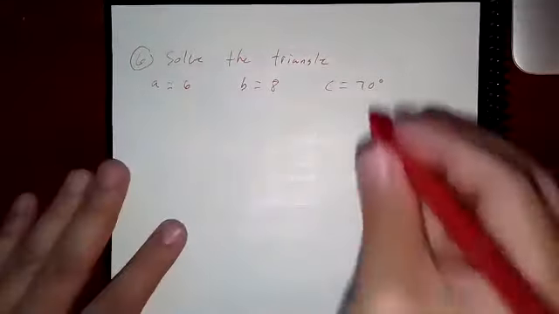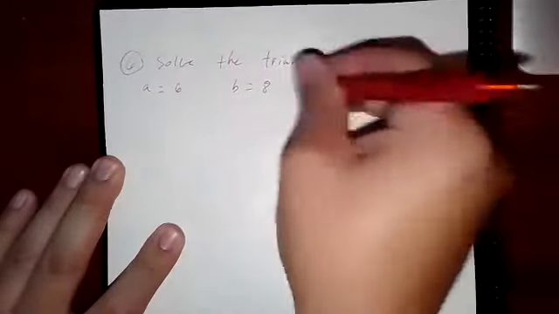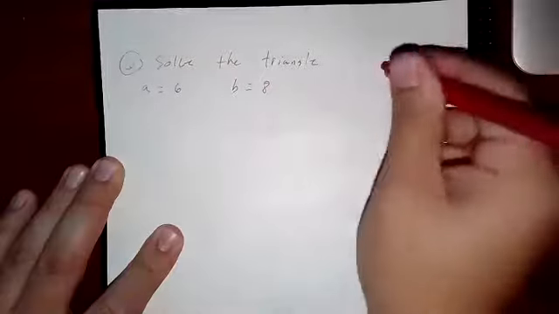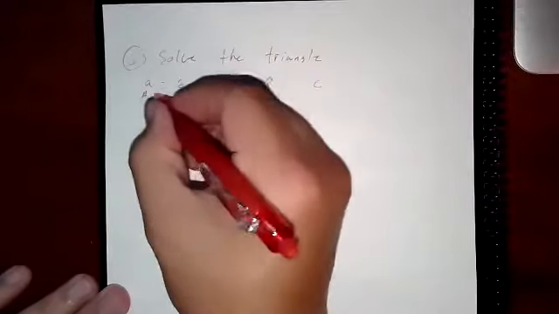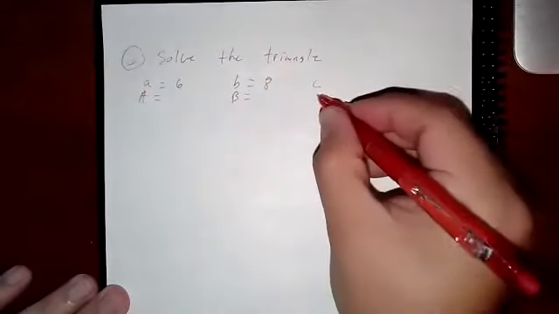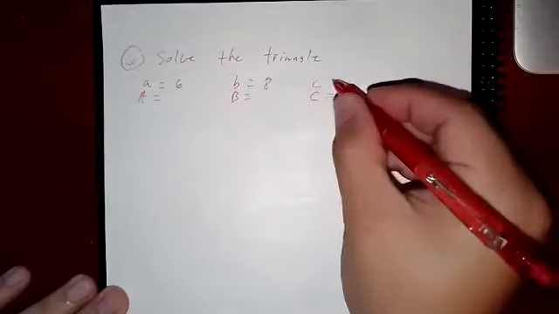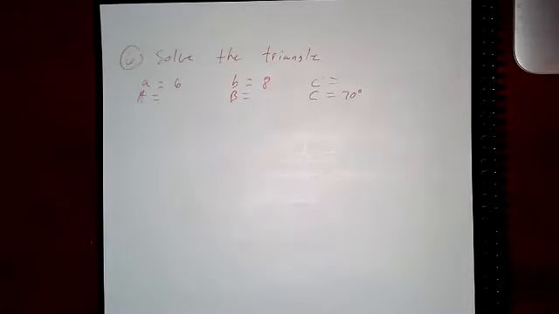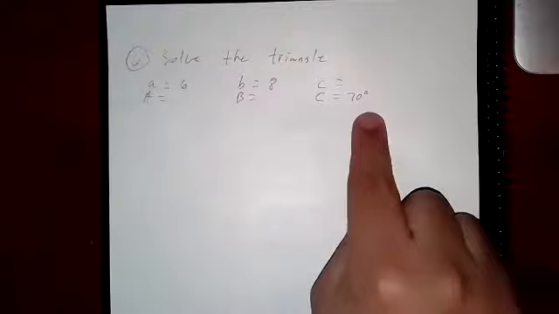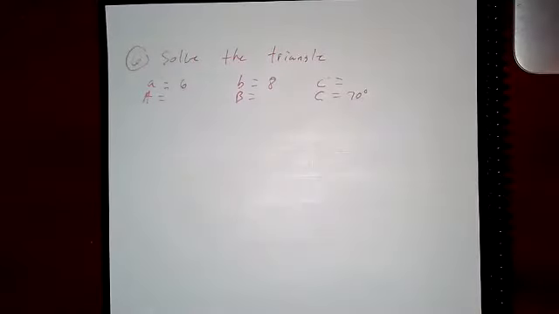No, capital C. So we do not have an opposite side, which means we probably should do law of cosines, right? Since I have an angle but no little c, this would be case 3, I believe.